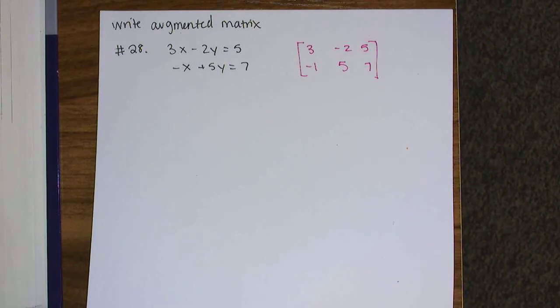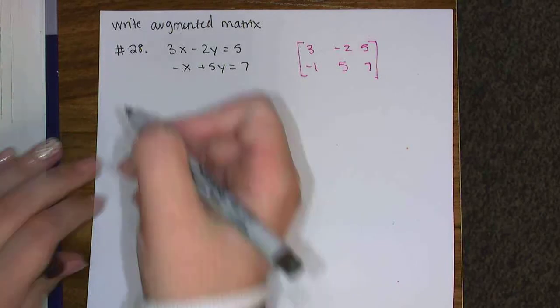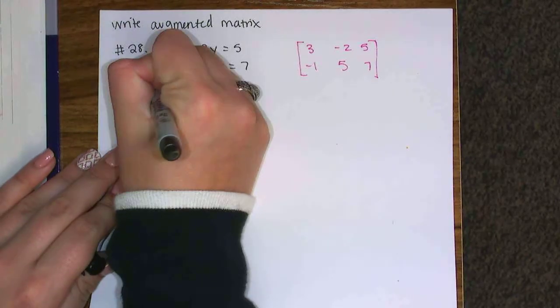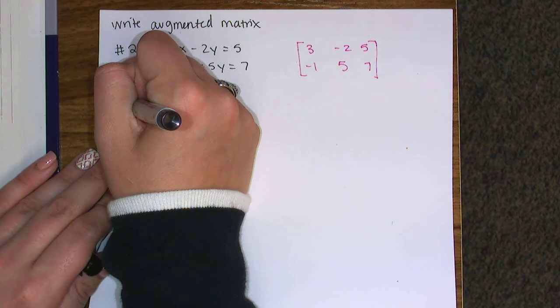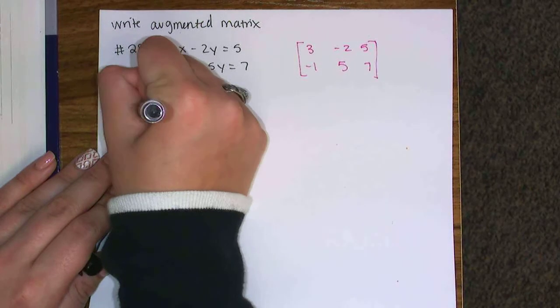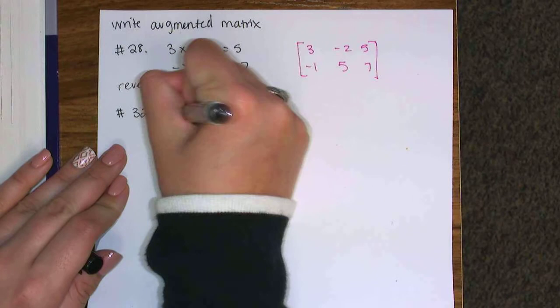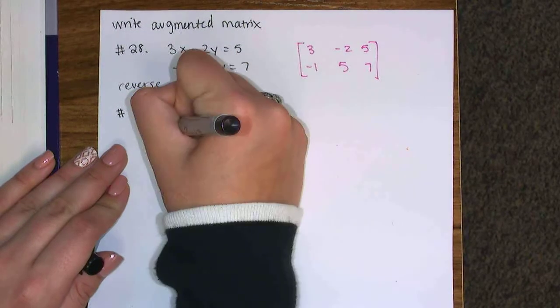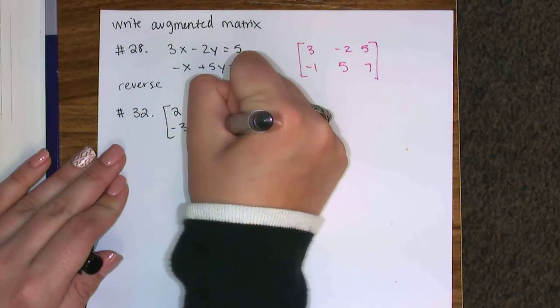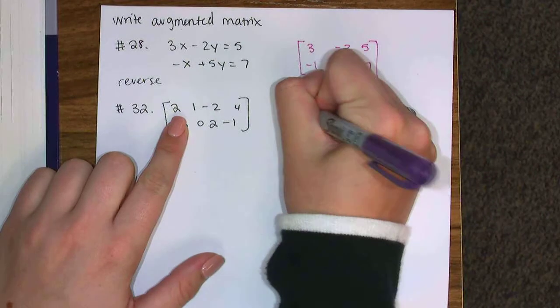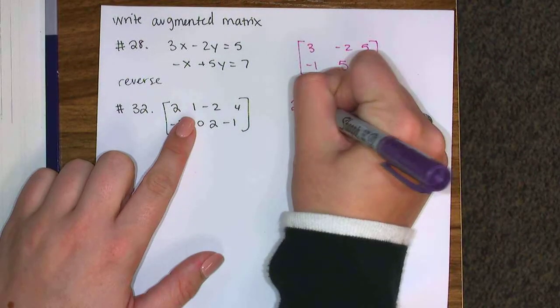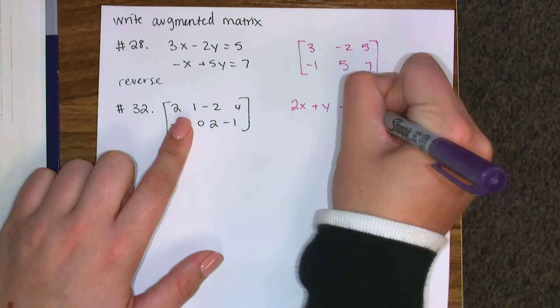Then if I wanted to go in the reverse, if I'm given something like 32, where I have 2, 1, negative 2, 4, negative 3, 0, 2, negative 1, all I have to do here is just go across: 2x plus y minus 2z is equal to 4.